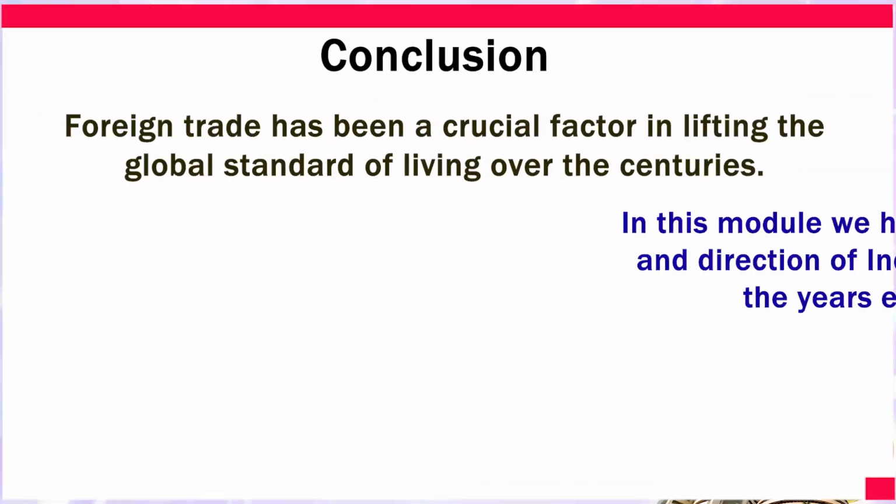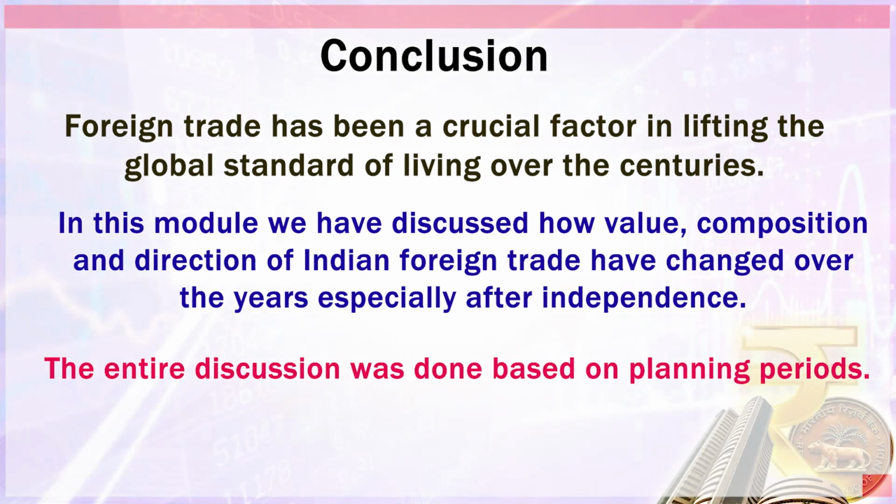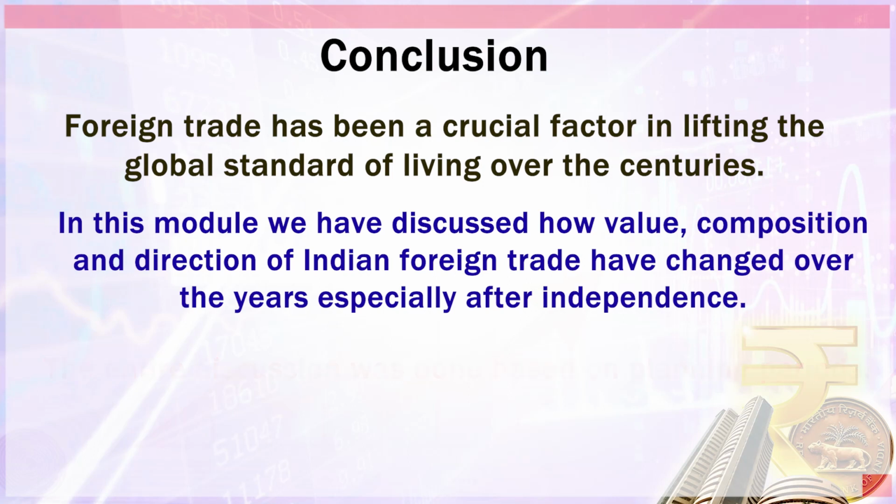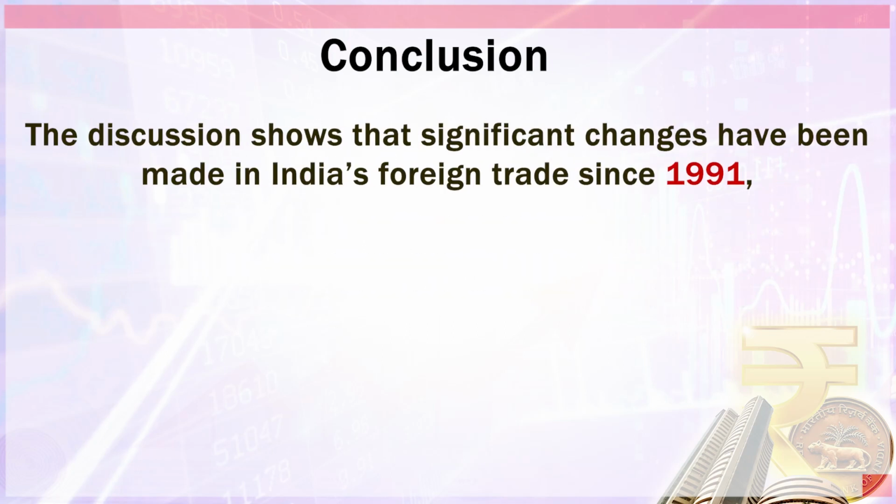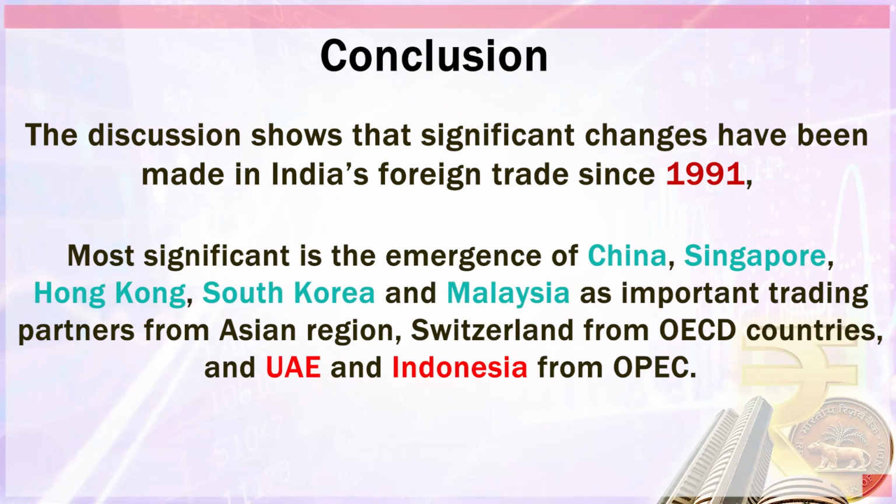Foreign trade is a crucial factor for uplifting the standard of living of a country. In this module, I have discussed how the value composition and direction of India's foreign trade has changed over the years, specifically over the planning periods. And the discussion shows that there was significant change over the years, especially after the reform period, that means after 1991.